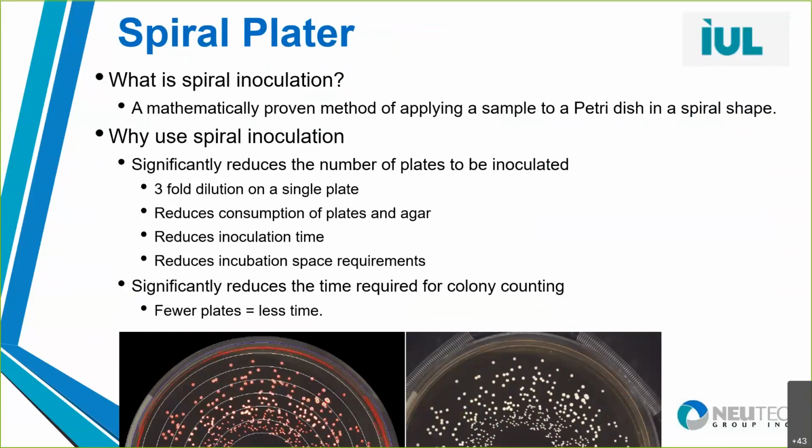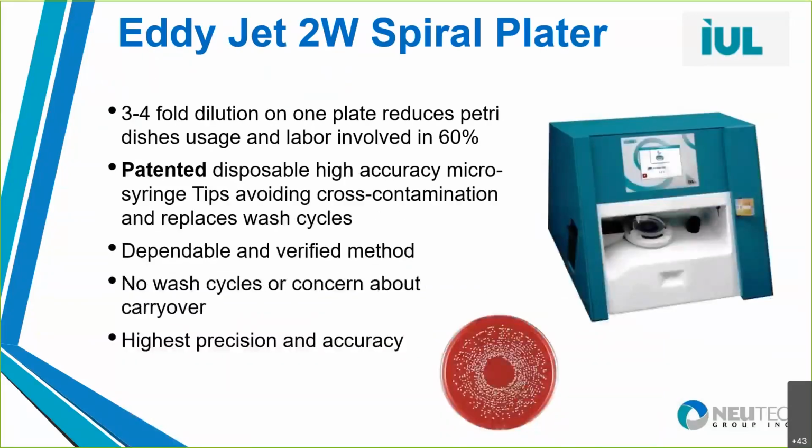It reduces incubation space because you're not having to put so many plates in there. And it also reduces the time required for colony counting on a whole plate, whereas in this case you're doing that threefold dilution right on one plate. So by the time you get to the outer rings of the spiral plate, you're at a dilution level where you can do counts, where it's not too numerous to count. It's a really nice system, and again, all automated, so there's no manually inoculating the media itself. It's being done by the system, and that system is called the EdiJet.